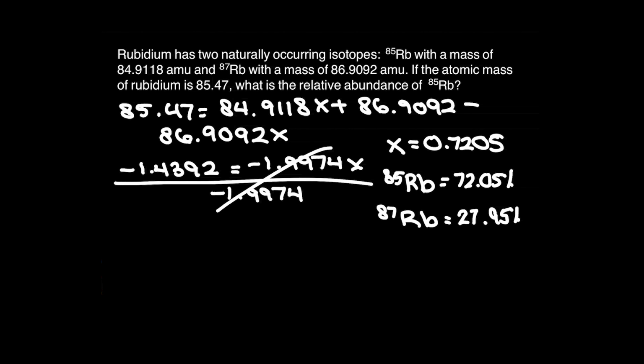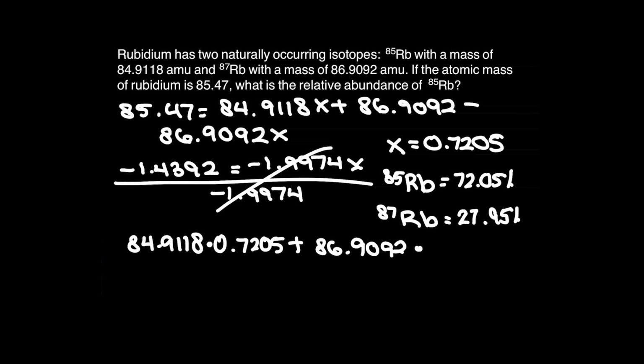So I'm going to write this out just for practice. So just to verify our answer, we are now going to check to see if those percentages are correct by plugging into the formula we had before. So we're going to take 84.9118 AMUs times 0.7205, and then add that to the second mass of 86.9092 times the percentage of 0.2795.